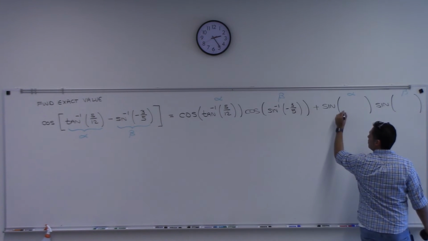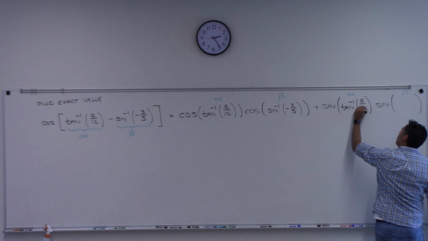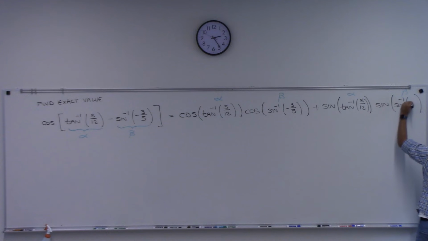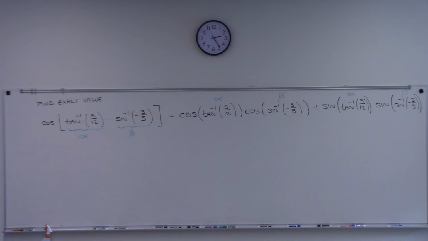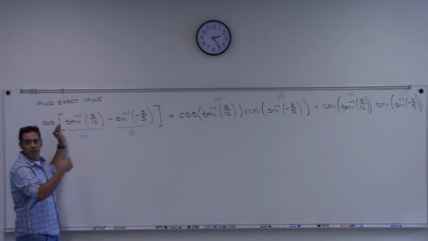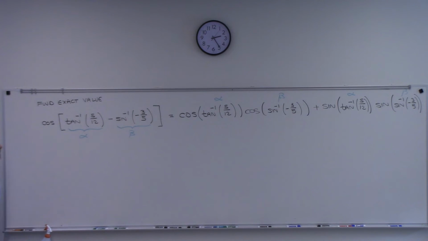And then this is tangent inverse of 5/12, and then sine inverse of -3/5. That first step is just us applying the difference formula for cosine to this expression. Questions?